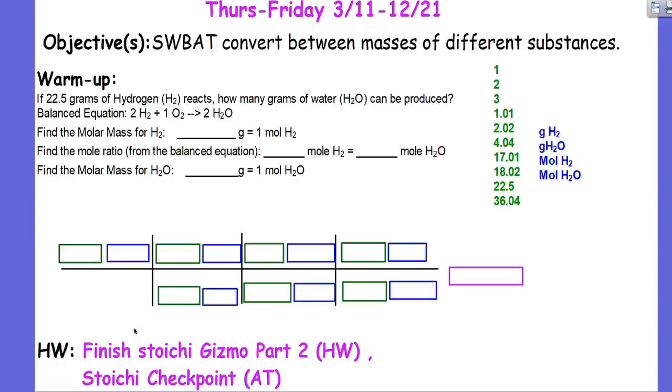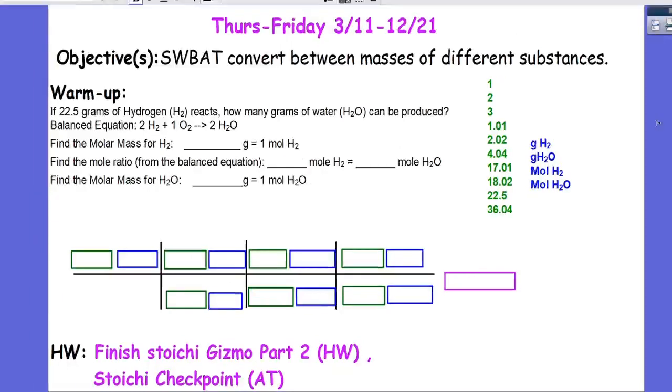If I look on my periodic table, the molar mass of hydrogen is 1.01. Now, I have H2, so that means I have 2 atoms of hydrogen. So 1.01 times 2 gives me a total mass of 2.02.